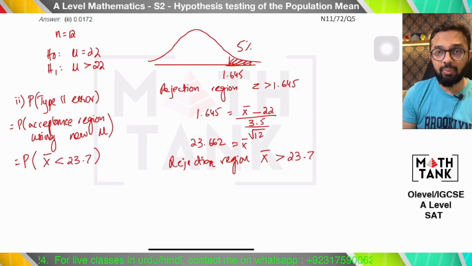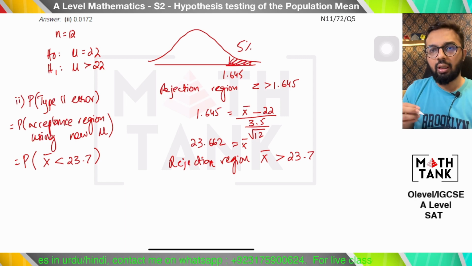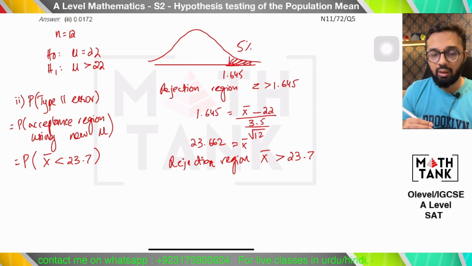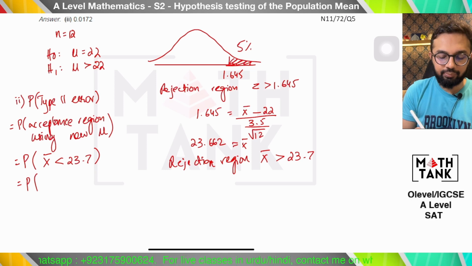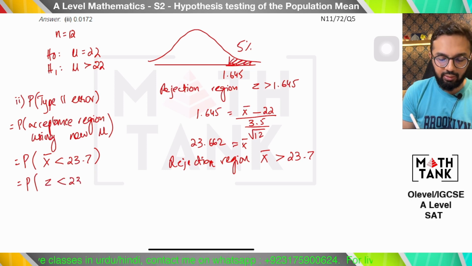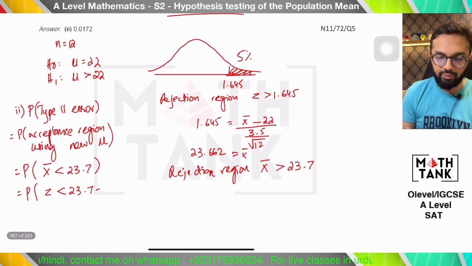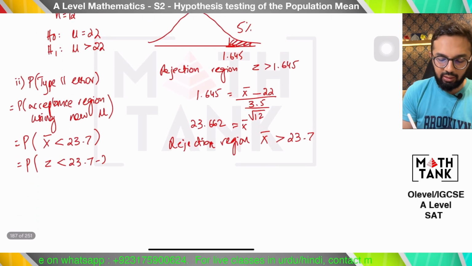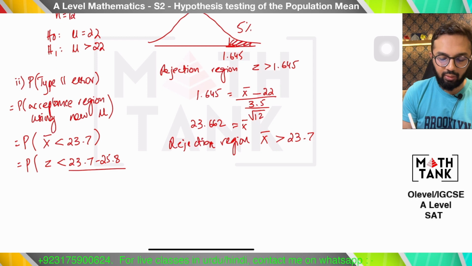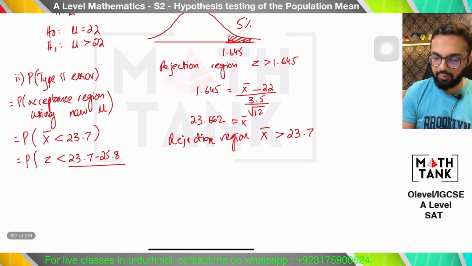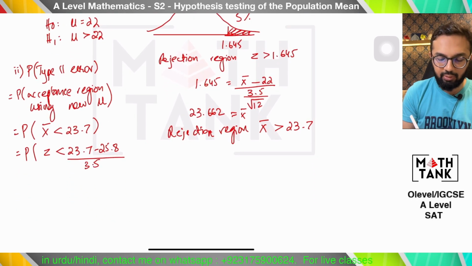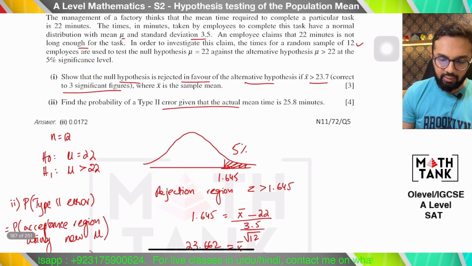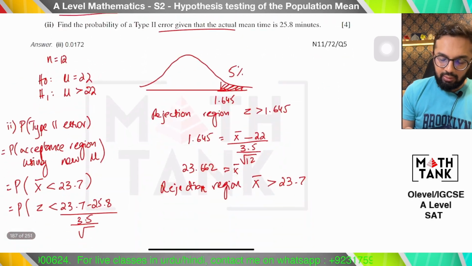If greater than 23.7 was your rejection region, then less than 23.7 should be your acceptance region. Converting this into z, I'm going to use the new mu now, which is 25.8, divided by sigma over root n. Sigma is still the same, and n is 12.